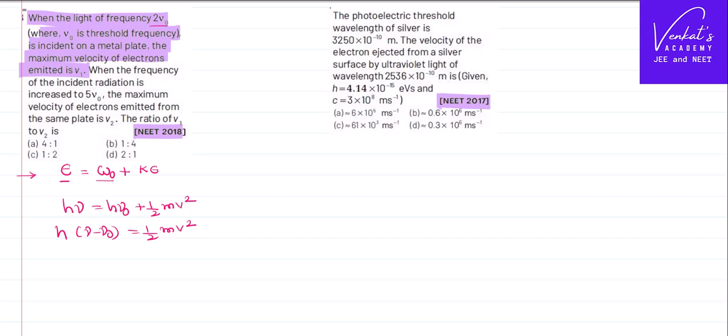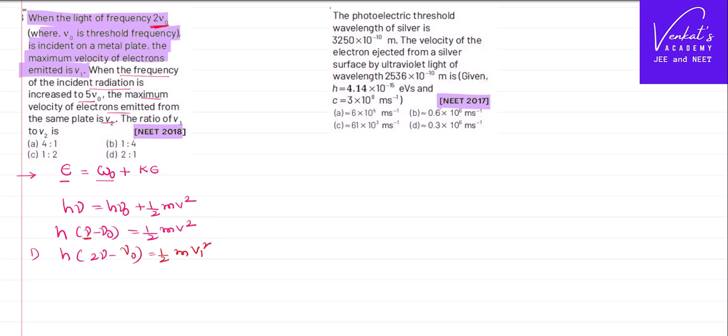Next time, when the frequency of the incident radiation is 5 nu naught, maximum velocity is v2. Then what is the ratio of this v1 and v2? So in case 1, h of 2 nu naught minus nu naught, because incident frequency is twice the threshold frequency in the given problem, equals half m v1 square.